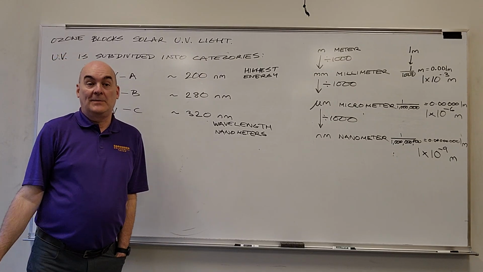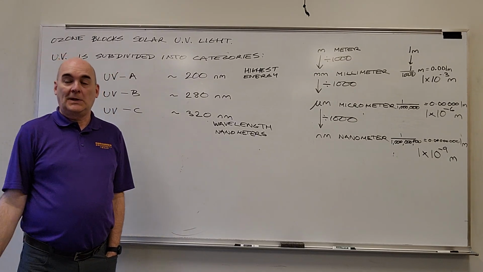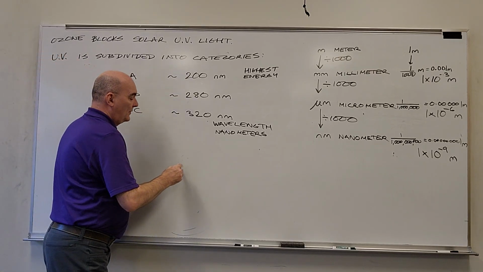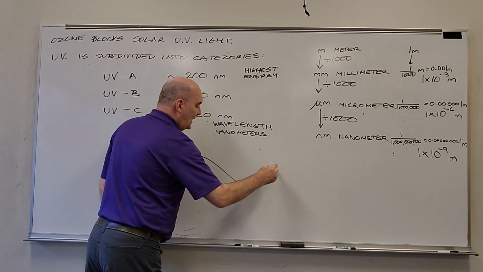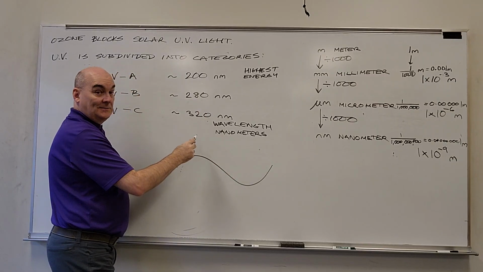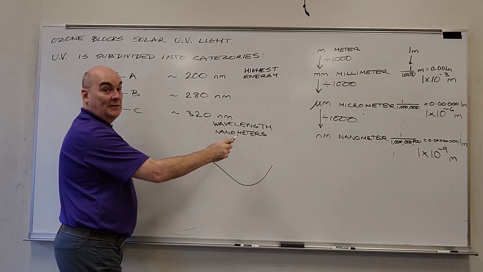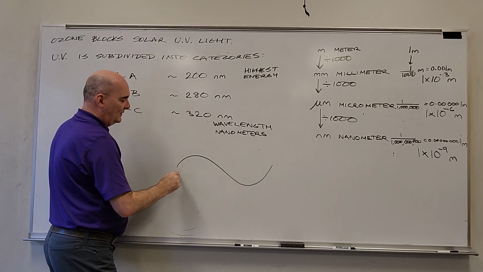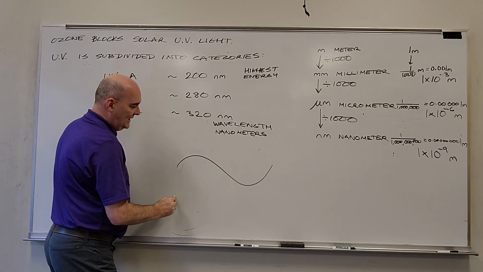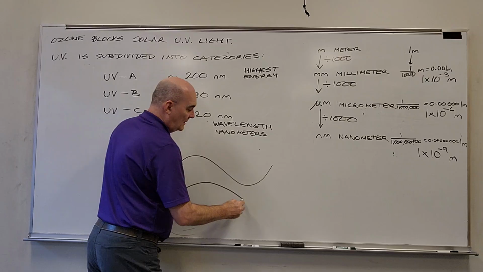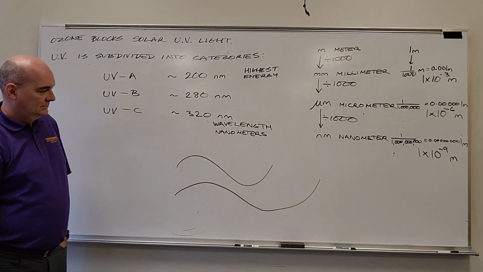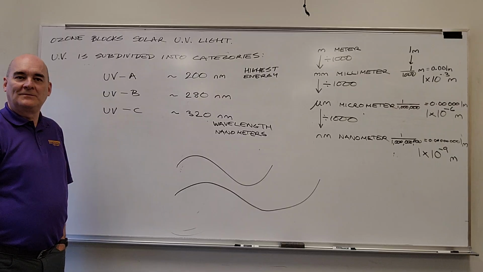Oh, so you actually know the numbers. Yeah, so it goes to the right, and that's where it goes high energy. So these are the lengths of waves. 320 is longer than 200. So if this represents 200, then 320, no, it'd be bigger than that, wouldn't it? Yeah.